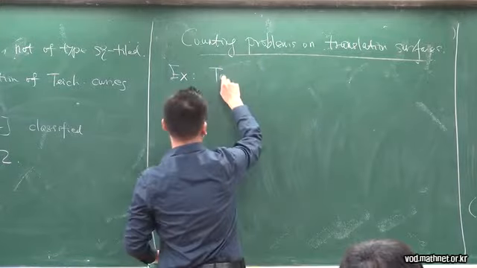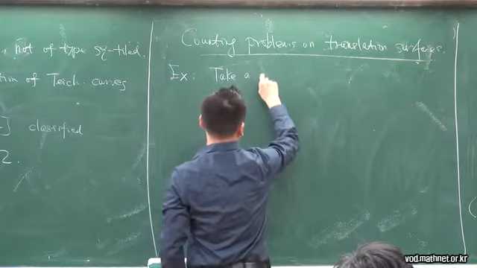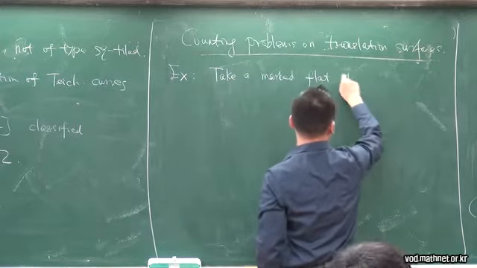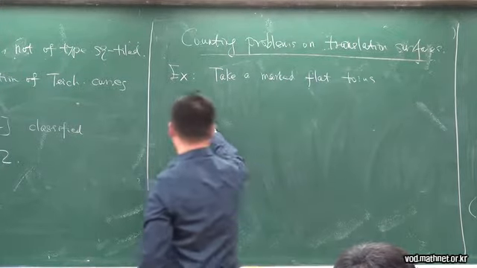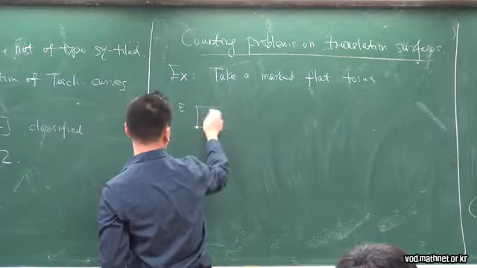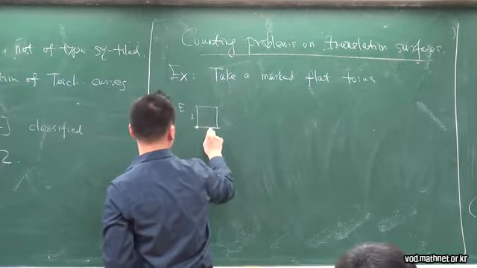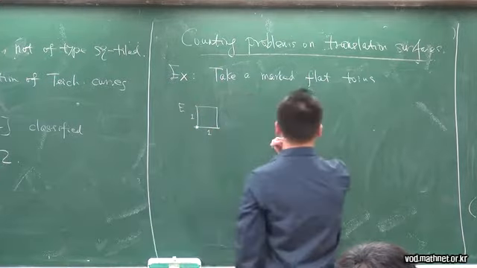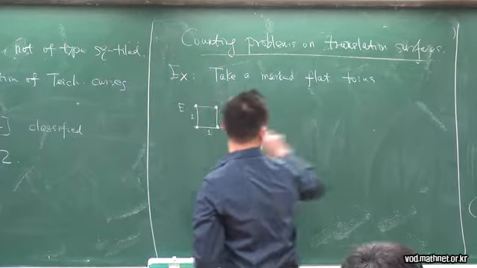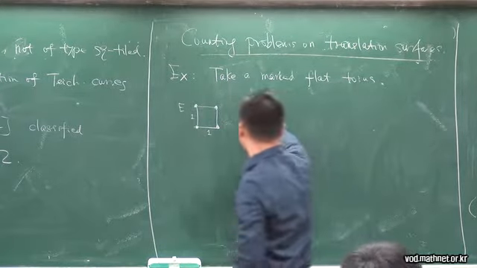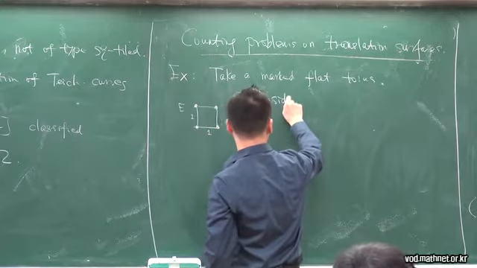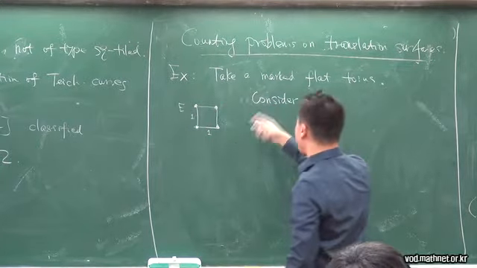So let's take a marked flat torus, a standard torus, say this one. E, I mark it at the origin. I suppose it's 1 by 1 in size, and all these points are marked. Now consider straight lines.